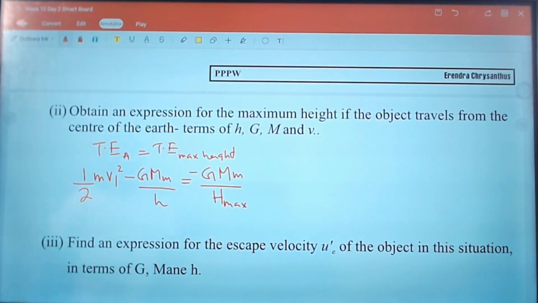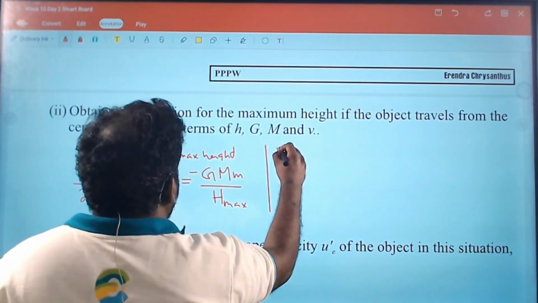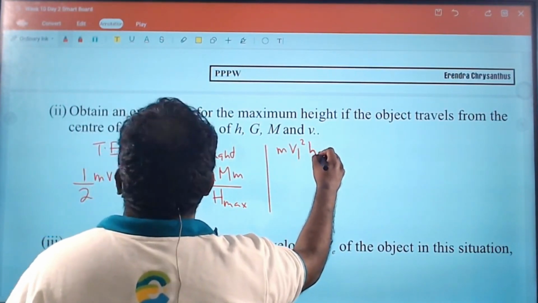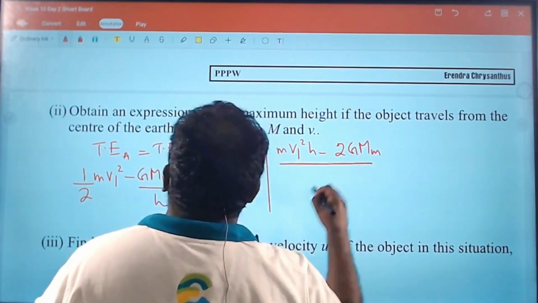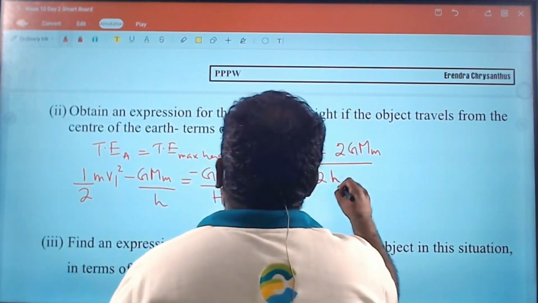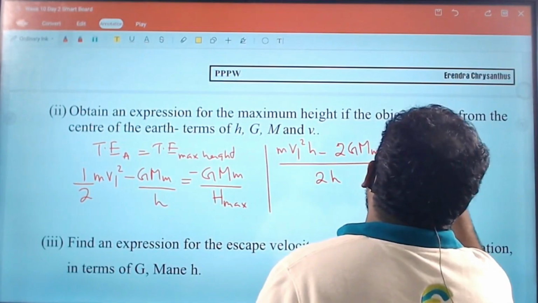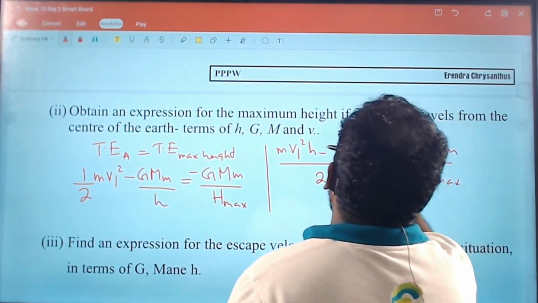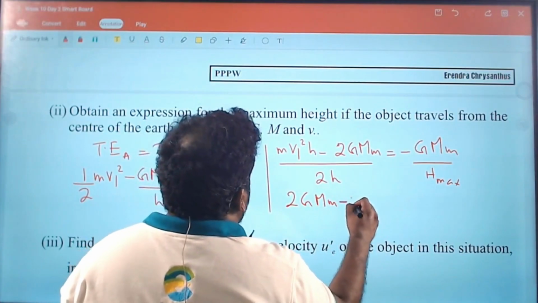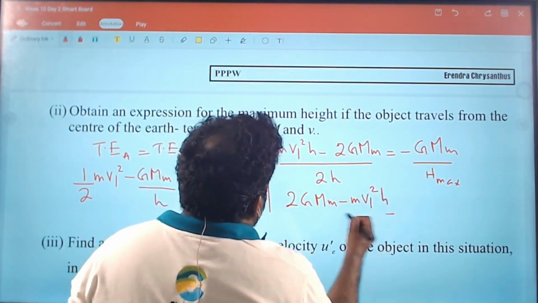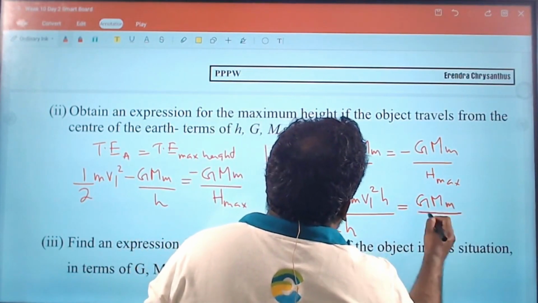Obtain the expression for the maximum height. Cross multiply: m v1 squared h over 2, minus G M m, equals minus G M m h over h max. Send the minus here: 2 G M m minus m v1 squared h, over 2h, equals G M m h over h max.